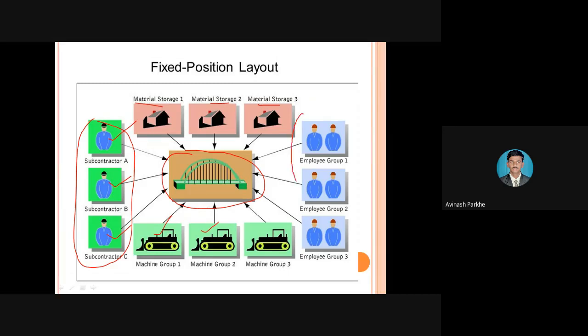And again, other employees required for construction also have to be taken near to the bridge only. Like that, we start the construction of the bridge. It is not like we manufacture the bridge in an industry, then take that bridge from the industry and install it on any river.